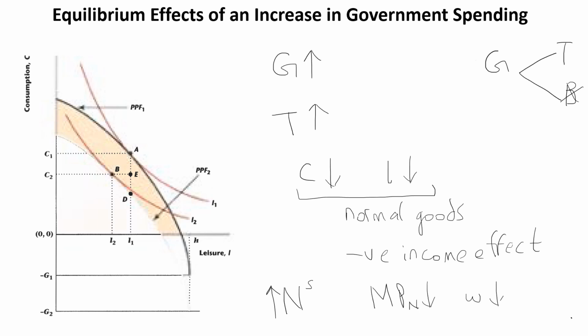And since MPN is equal to W, that means that the real wage rate, W, is also going to fall. Why? Because think of it like this. The firm is not going to be willing to hire more workers unless there's a decrease in the real wage rate, right? So there's always going to be a decrease in the wage rate whenever there is an increase in labor supply.